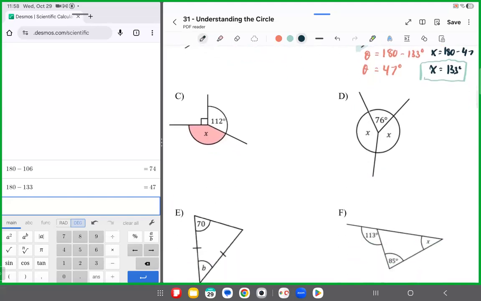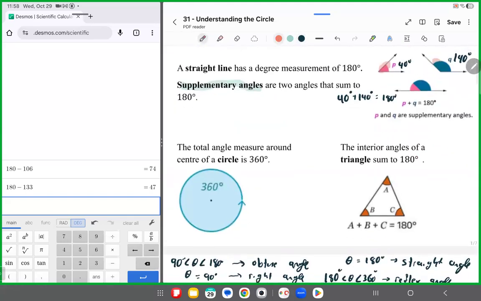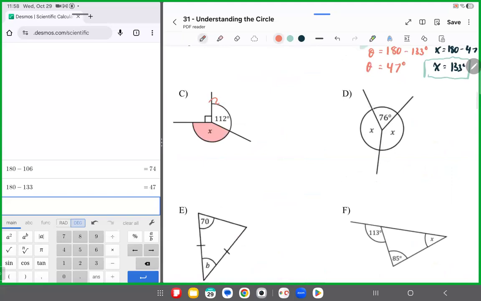All right, what about letter C here? It looks like there's a right angle and two potentially obtuse angles, perhaps larger. So what do we do here? Well, recall that we said a full angle around a point is 360 degrees. If you imagine we just continue this all the way around, we can take 360 and subtract off the 90 and the 112.